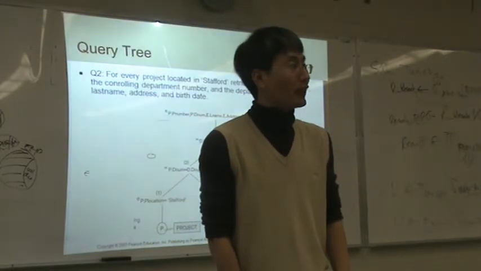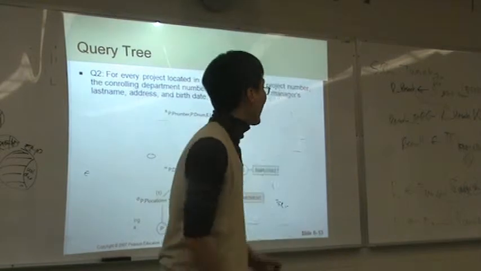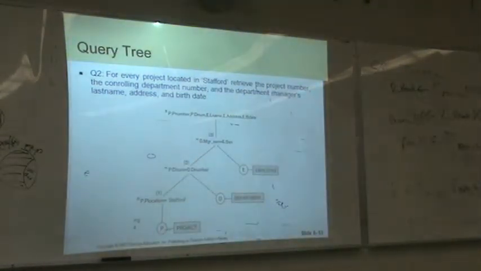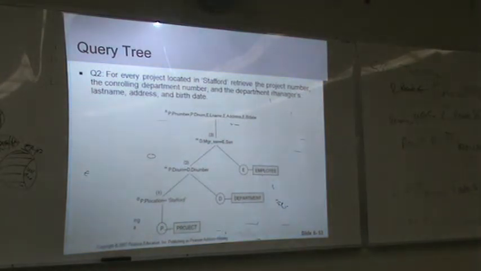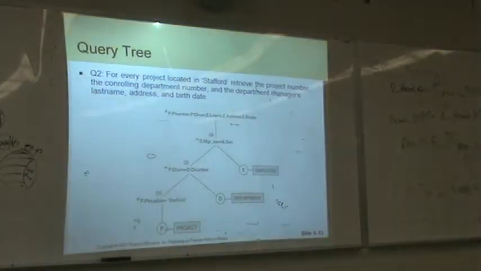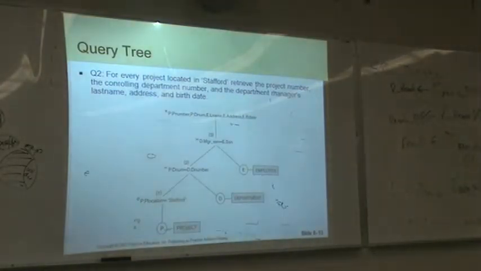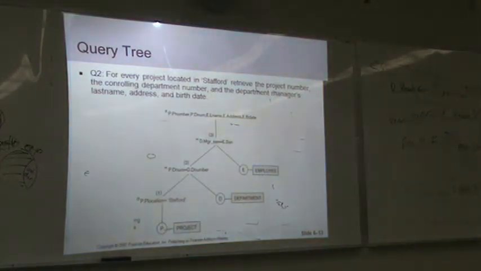In case we have 2 relations, how many join conditions? 1. If we have another join over here, the join condition is 2. Always 1 less than the number of relations.